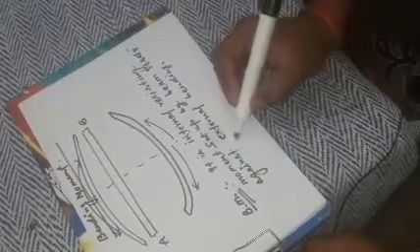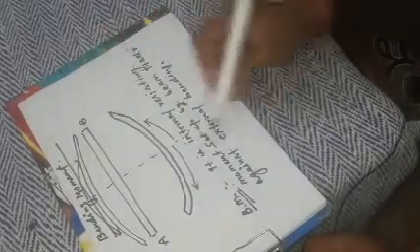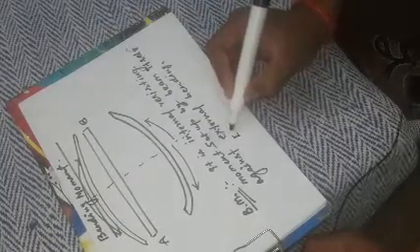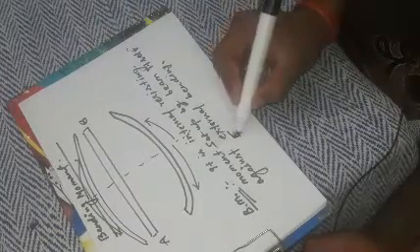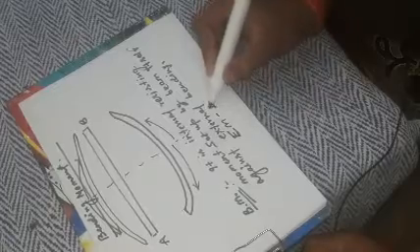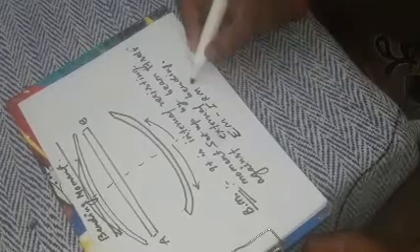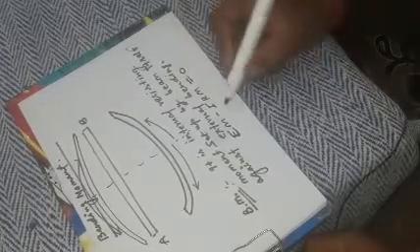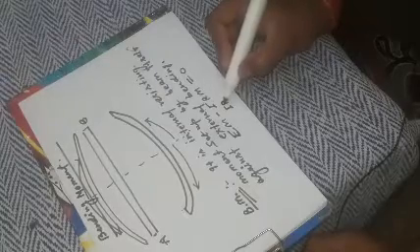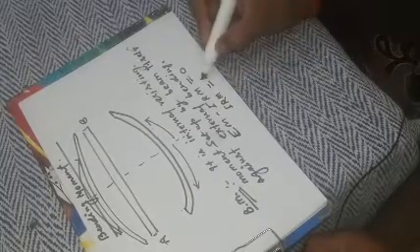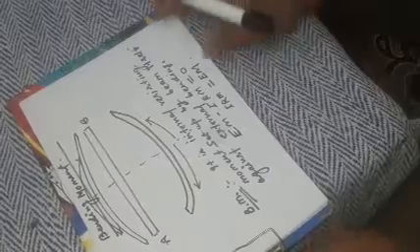So it can be written as, for the equilibrium of the beam, external moment minus internal resisting moment equals what should it be? 0. So we can write internal resisting moment equals external moment.